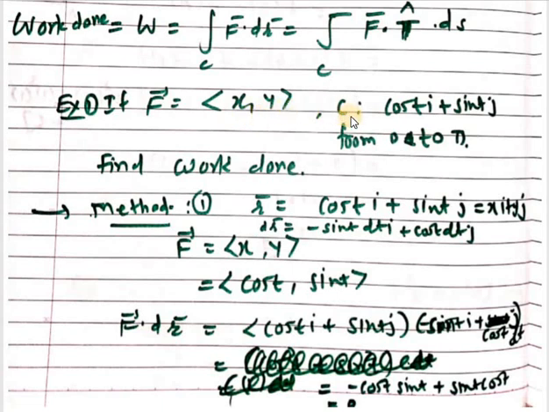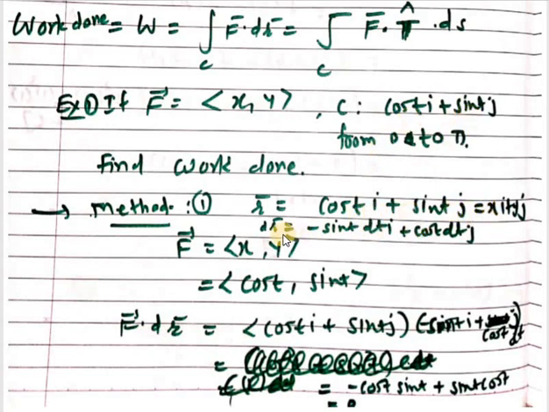F bar is equal to (x, y), and C is cos t i plus sin t j, with t from 0 to pi. Here we want to find the work done. I am going to explain two methods. Let us assume the first method. R bar, as we know, is x i plus y j, where x is equal to cos t and y is equal to sin t.